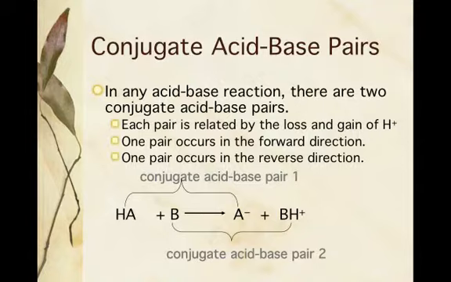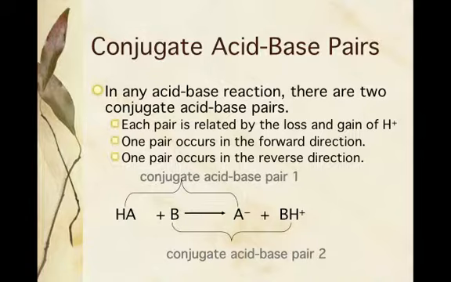What it was before and then what it is after you have either gained or lost that proton. So each pair is related by the gain or loss of hydrogen. One pair occurs in the forward reaction, one pair in the reverse. So this is a conjugate acid-base pair. The A is just standing for the anion, and hydrogen is your cation.